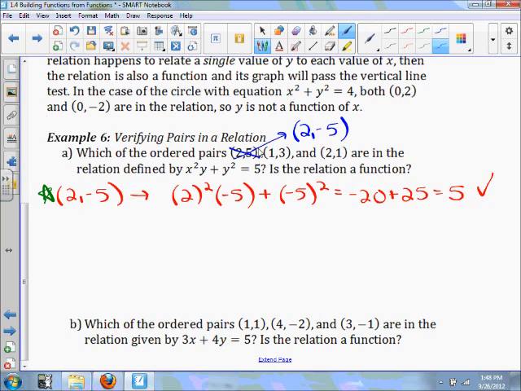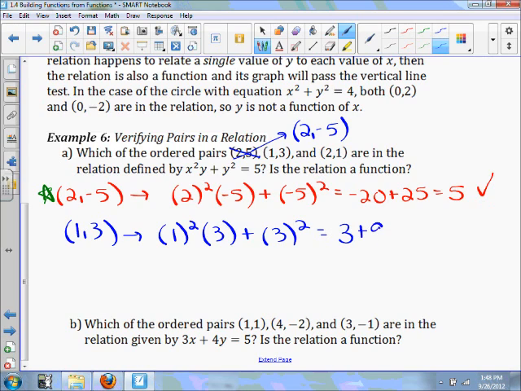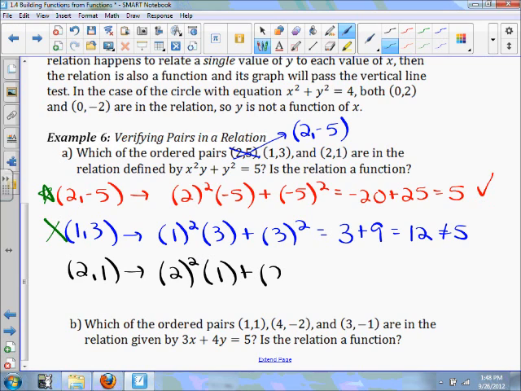Now, if we check (1, 3), that would be 1 squared times 3 plus 3 squared. 1 squared is 1 times 3 is 3 plus 9 equals 12. This does not equal 5. So (1, 3) is not in the relation. Now, if we check (2, 1), we'll have 2 squared times 1 plus 2 squared.